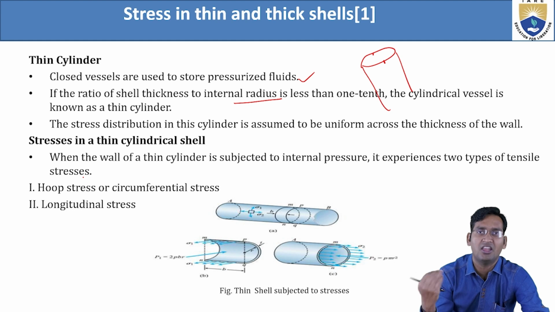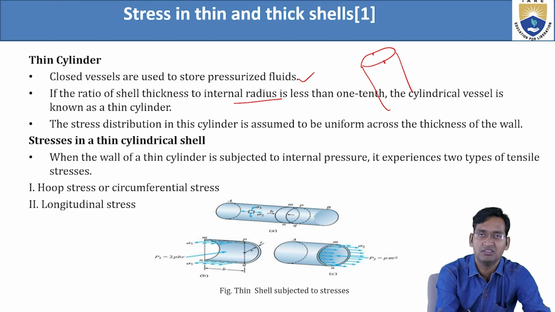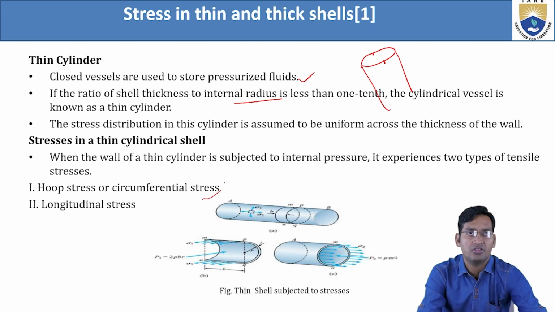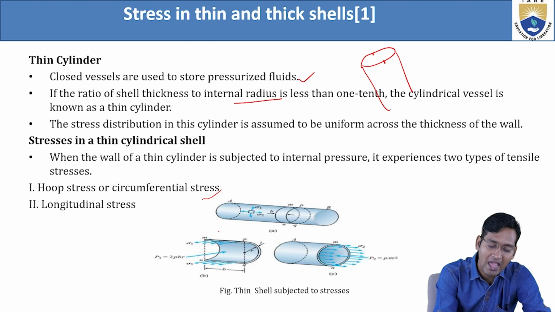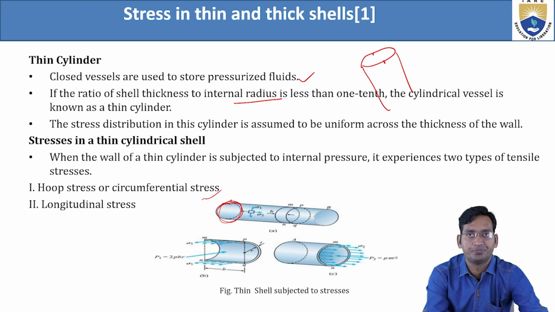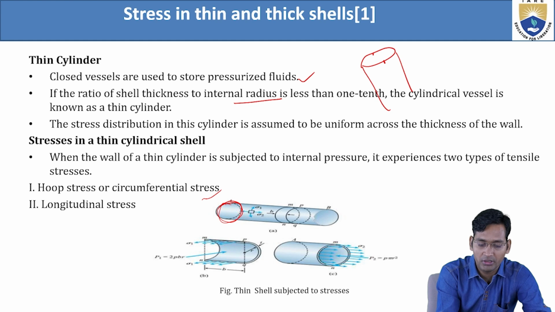The first one is hoop stress or circumferential stress, which acts on the circumference of the cylinder. And the second one is the longitudinal stress.